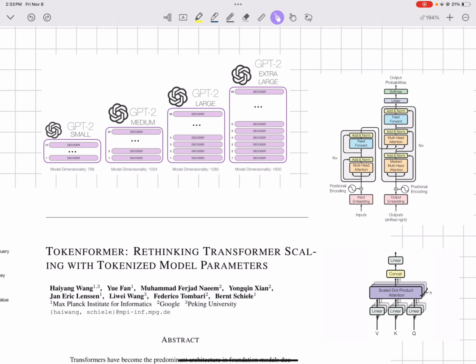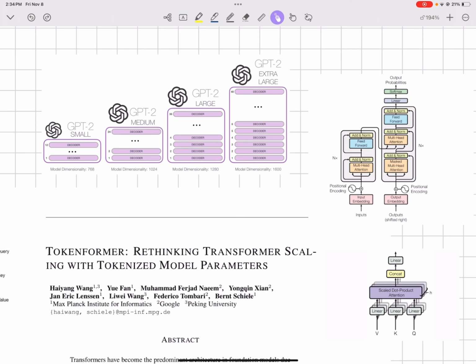So this is what they mean here with tokenized model parameters. Think of them as a way to replace the way we scale a transformer. We're going to add more of these parameters, and in a way we're going to mimic the scaling that comes when you scale the dimensionality or the layering.